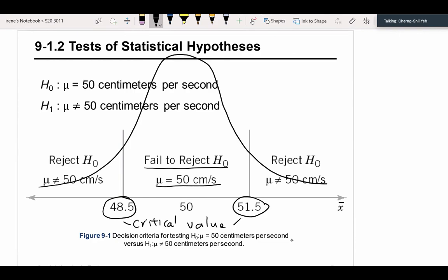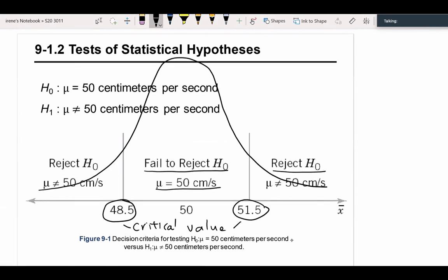If it is outside, it doesn't matter if it's on the right side or the left side, greater than 51.5 or less than 48.5, we reject it and conclude the alternative hypothesis.